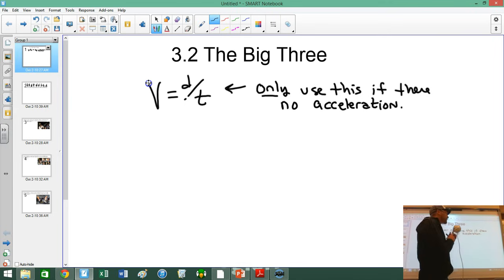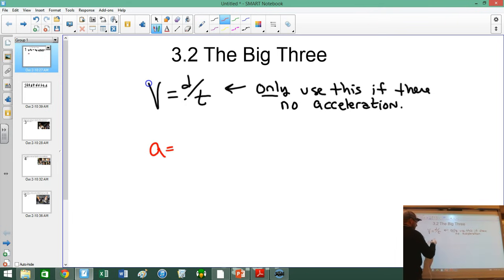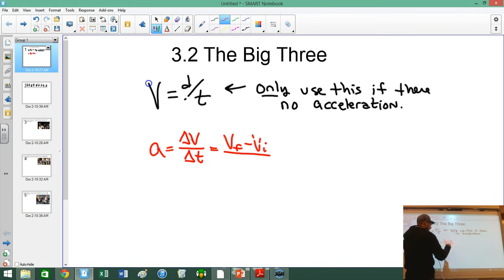We discussed in 3.1 that there's an equation to find your acceleration. It's your change in velocity divided by your change in time. And remember that change in velocity is your final velocity minus your initial velocity over final time minus the initial time.